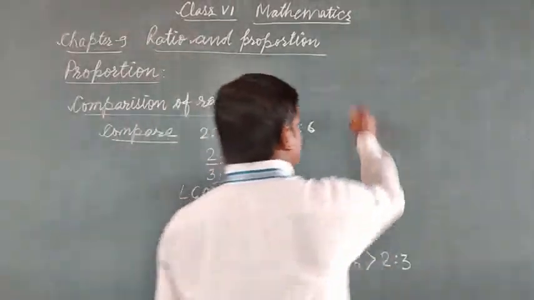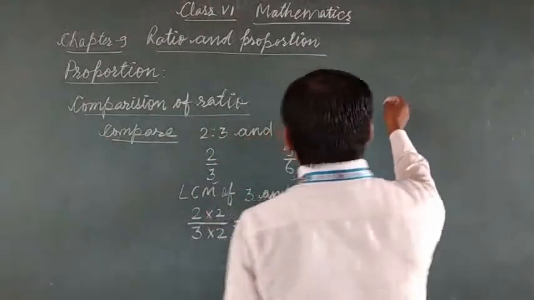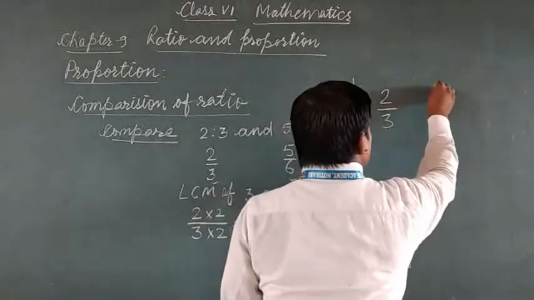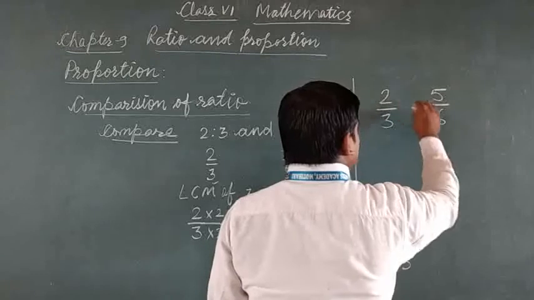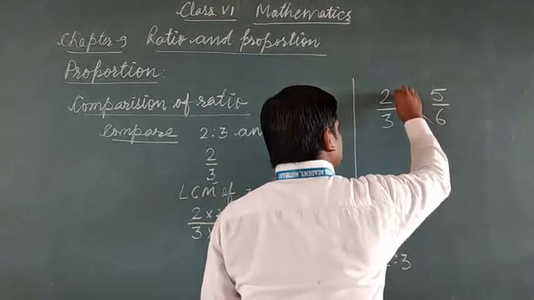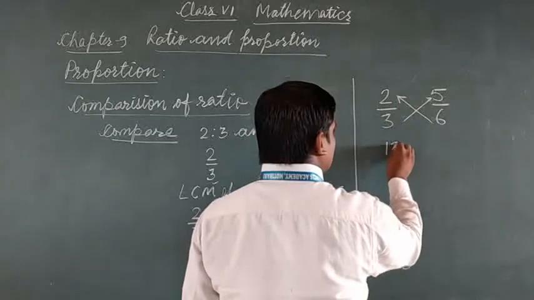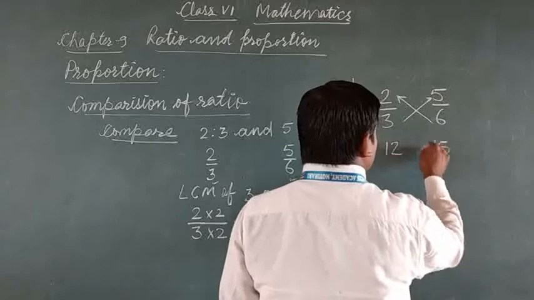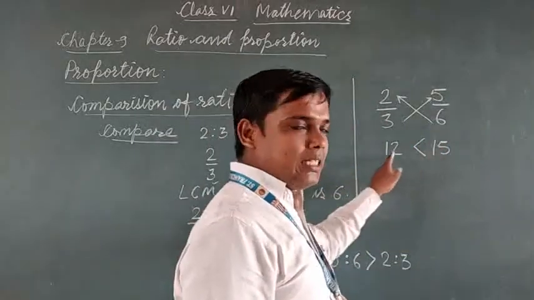See the alternate method, that is the cross multiplication method. In this we have 2 by 3 and 5 by 6. We multiply: 6 twos are 12, 3 fives are 15. We observe that 15 is greater than 12.